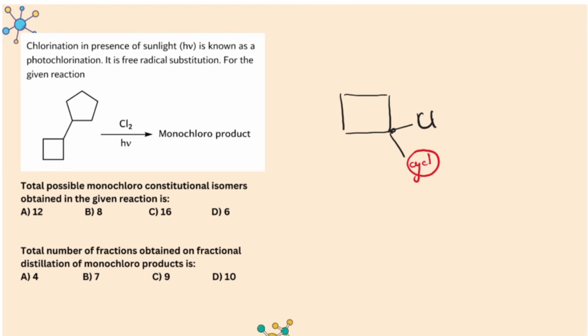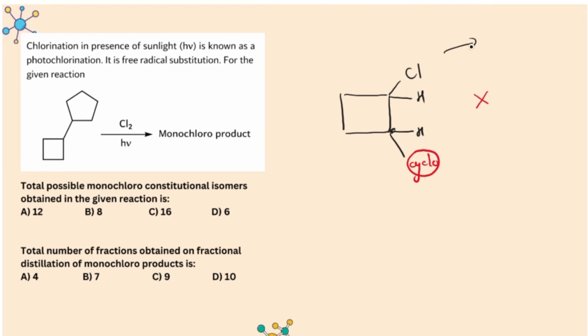So this is cyclopentyl group. So rest of the carbons are attached to hydrogen. So it will not exhibit cis-trans. Not possible. Let's check by replacing the hydrogen by chlorine on this carbon. You see, if both hydrogens are on the same side, cis; if they're on the opposite, then it is trans. That means what? This does exhibit.